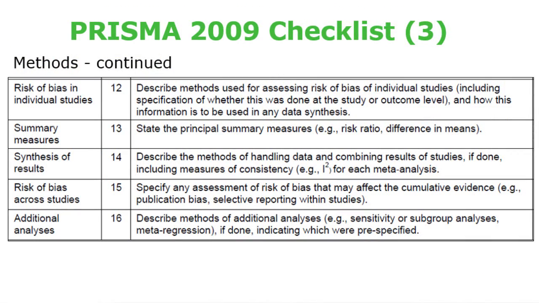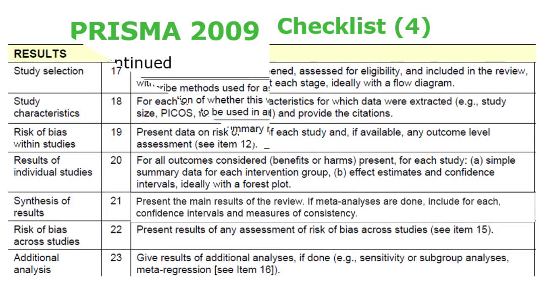You would identify risks of bias in individual studies, summary measures, synthesis of the results, risk of bias across the studies, and any additional analysis which were pre-specified.